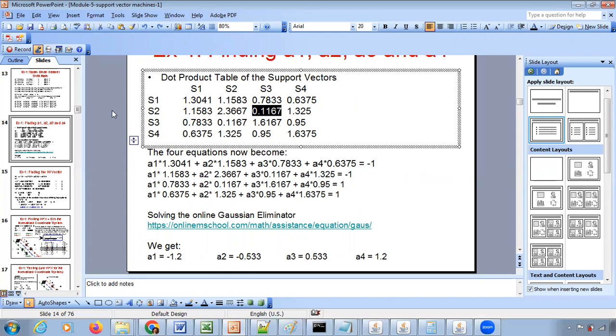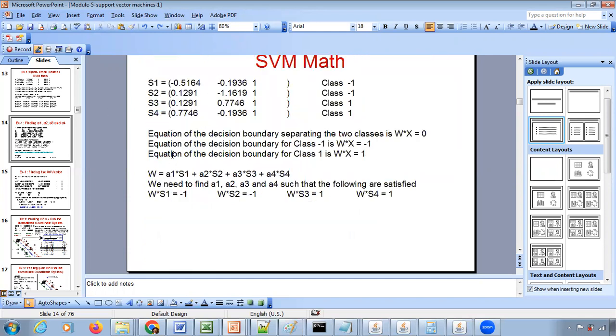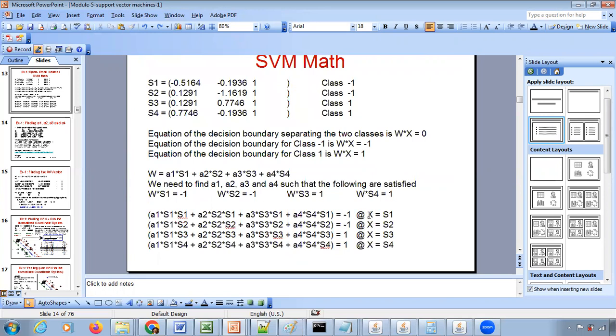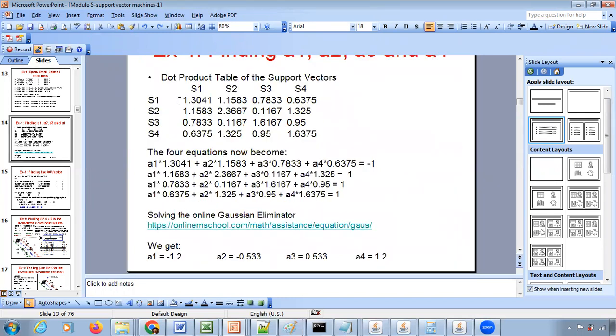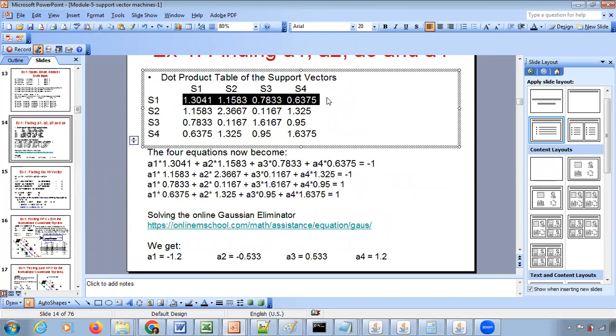All right, so this is the dot product table of the support vectors. So basically now you can see the first equation where your x equals S1, this equation we have, basically boils down to everything in the row for S1 multiplied with A1, A2, A3, A4.